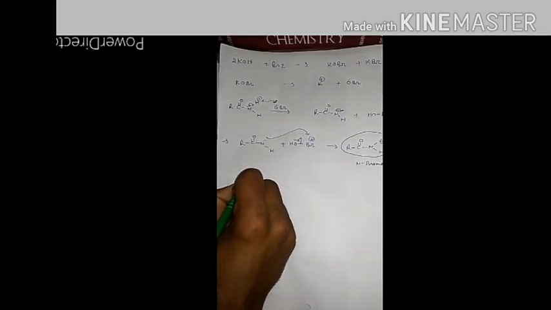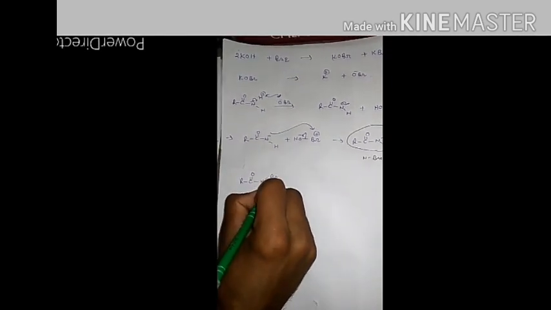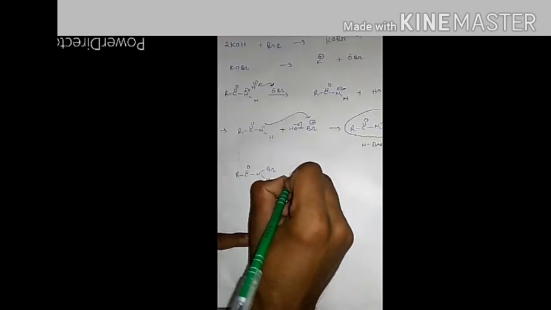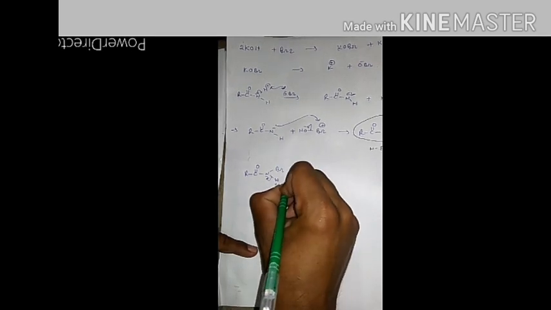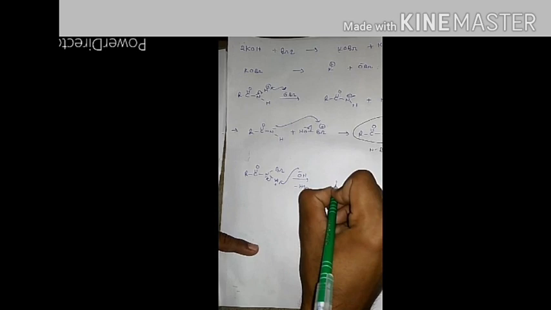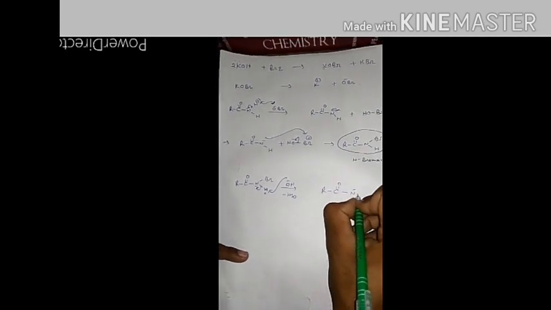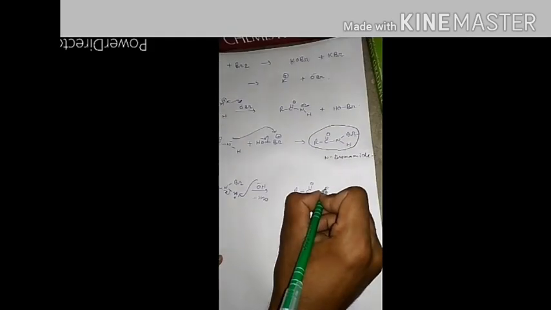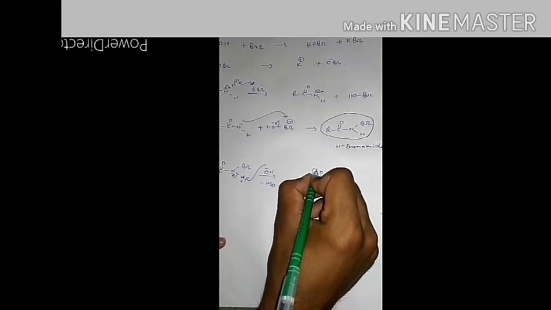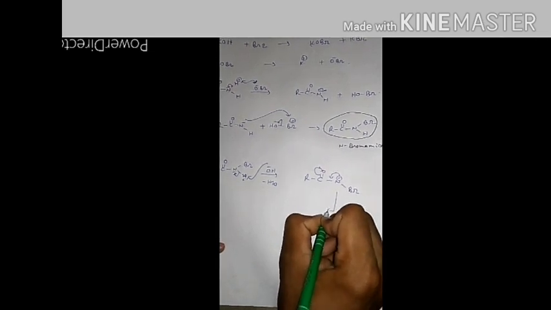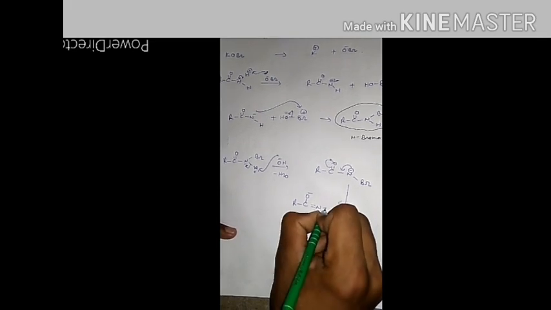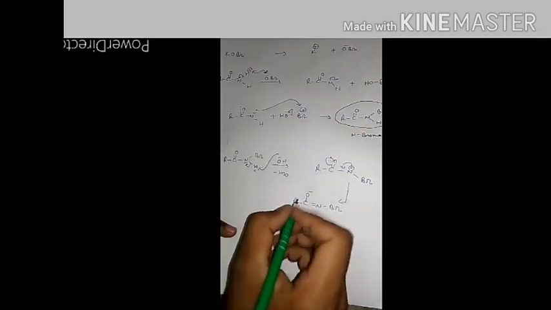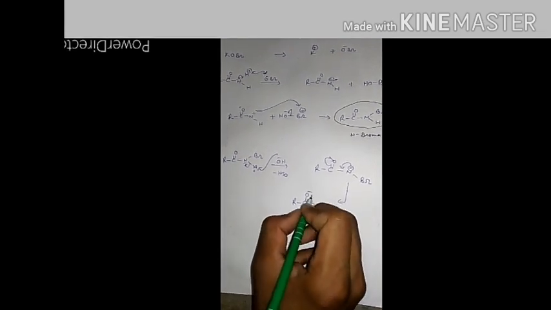Now this N-bromamide loses a proton. This negative charge undergoes conjugation with the double bond N and E. Now the intramolecular rearrangement takes place.